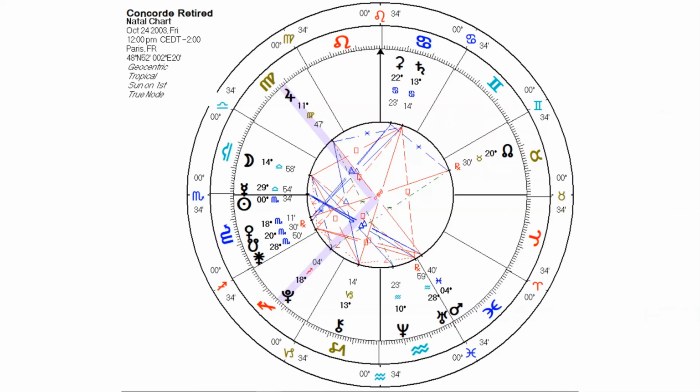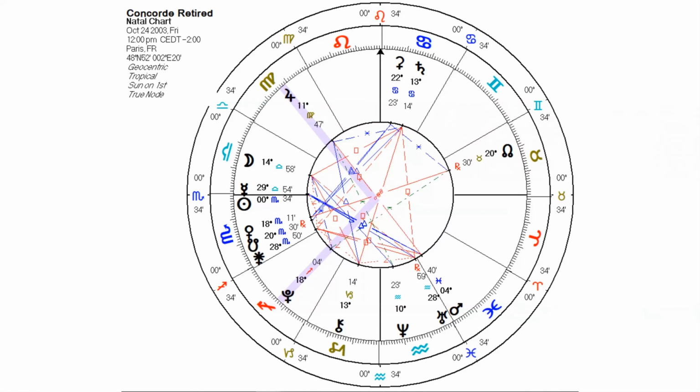And I would like to do that again with the next cycle, in December 2007, when Jupiter was conjunct Pluto again, a new cycle in Sagittarius.